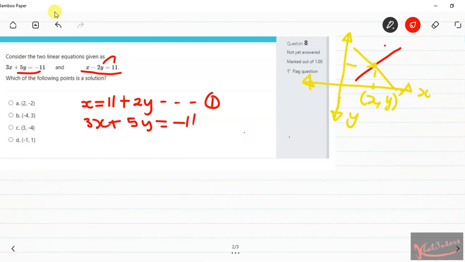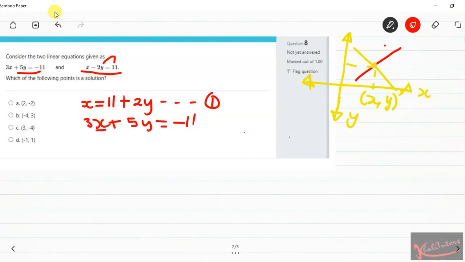Where there is x, we will substitute this, because we know that x equals 11 plus 2y. Once we do that, we'll only have one unknown.